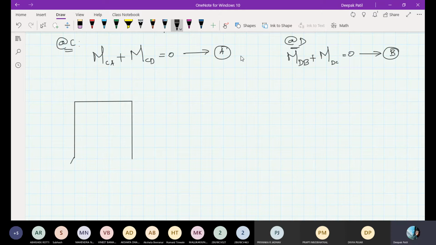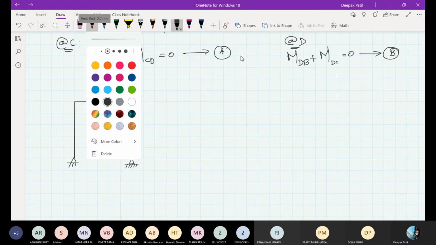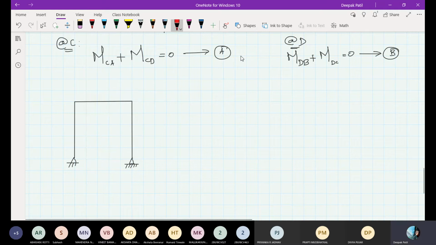So this is our pin support, and this is also our pin support. And here we have a load. This is a uniformly distributed load of 40 kilonewton per meter.